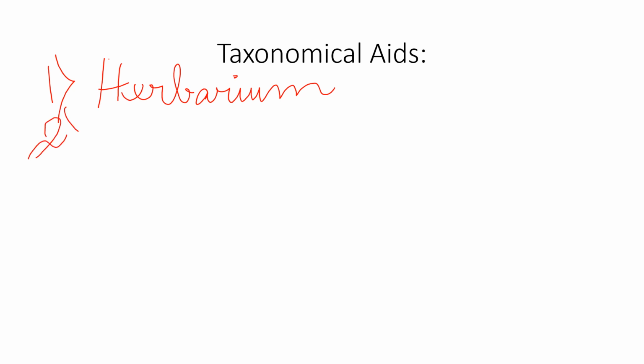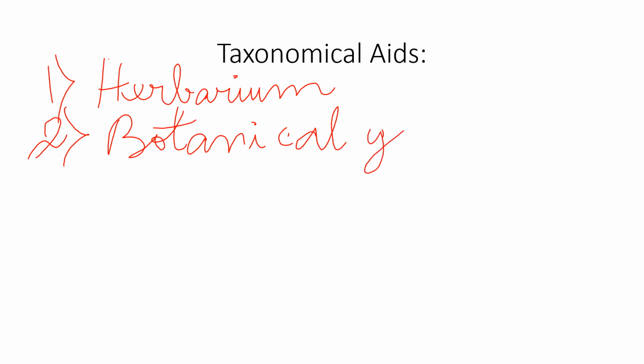Now the second taxonomical aid is botanical garden. It is a specialized garden having a collection of living plants for reference.